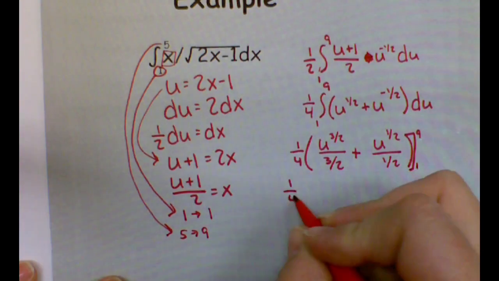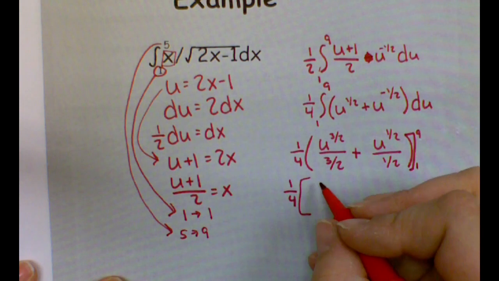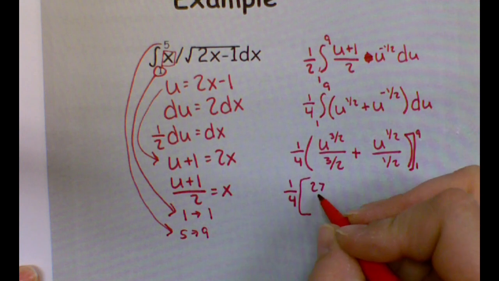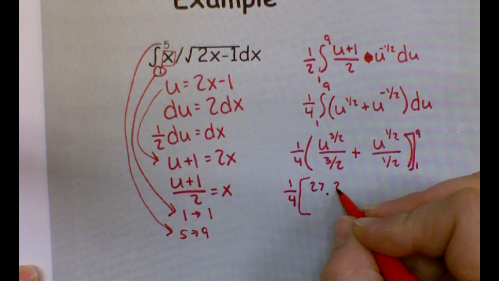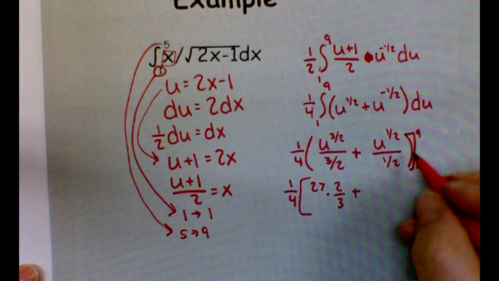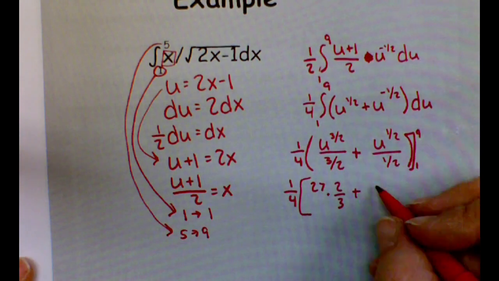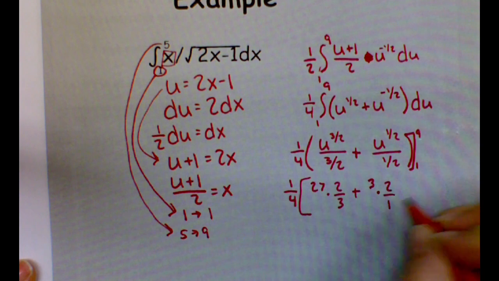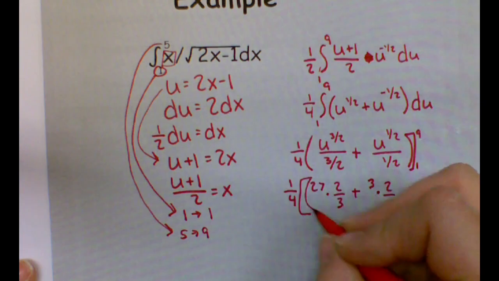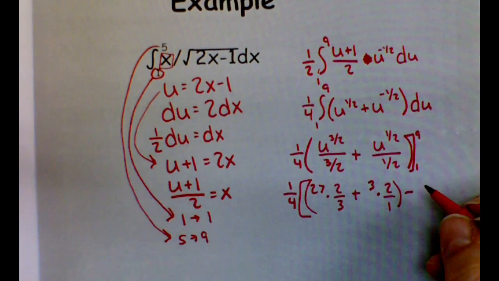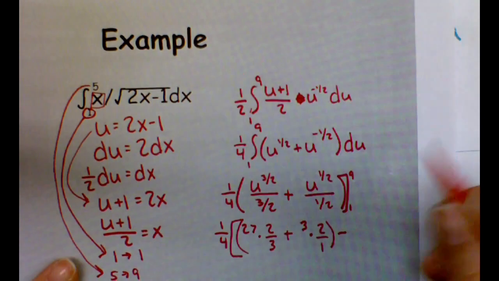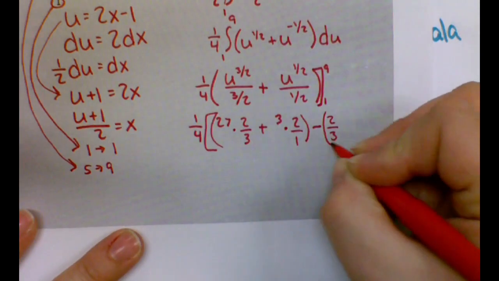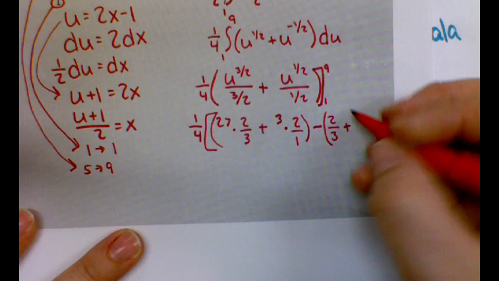I have 1/4 of 9 to the 3/2 power, which is 27 times 2/3, plus square root of 9 is 3 times 2 over 1, minus, we plug in 1. 1 to the 3/2 power is 1, which makes it a 2/3. Plus the square root of 1 is 1, which makes that 2.